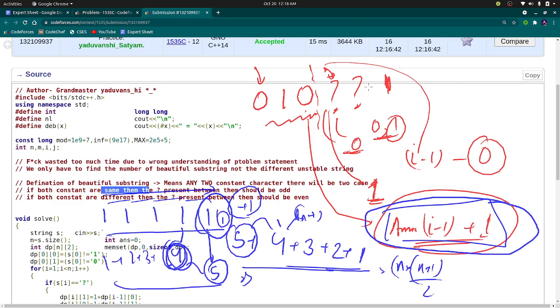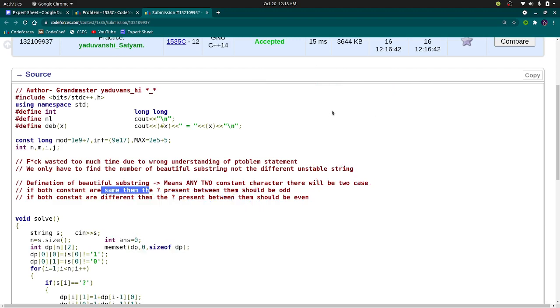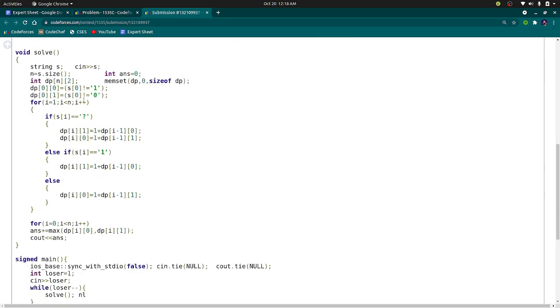So that's how the DP transition comes out. The base case is when S can be 0 or 1, so we initialize the base case for the DP and start from the first index. If the current character is a question mark, we have two possibilities.